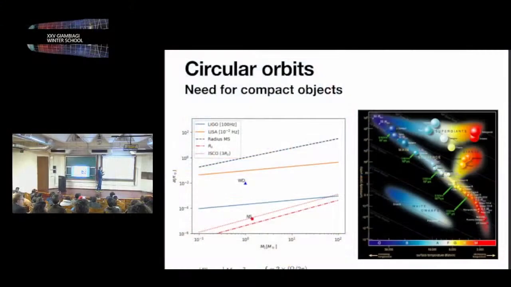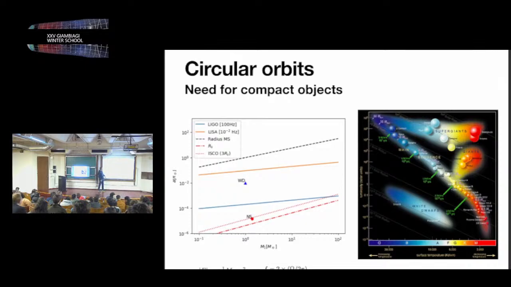But if I want to discuss sources for LIGO and LISA, I cannot talk about orbiting stars. I need to talk about orbiting smaller things. This is where white dwarfs live. So white dwarfs cannot be a source for LIGO either. So LIGO can only see neutron stars, and one of these lines here is the Schwarzschild radius of a black hole of this mass. So black holes, of course, are smaller, so black holes are fine, neutron stars are fine.